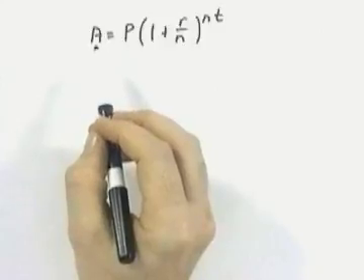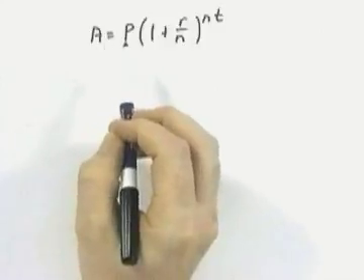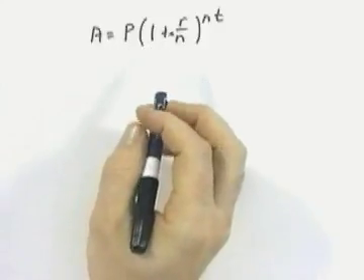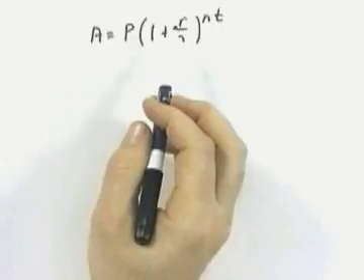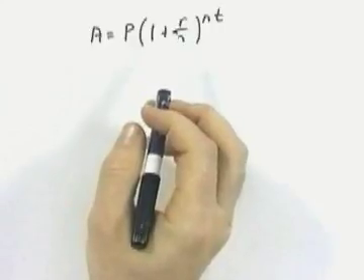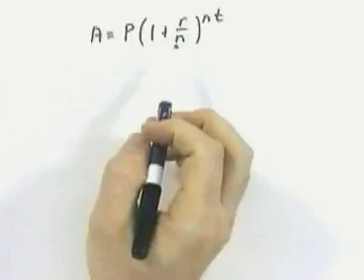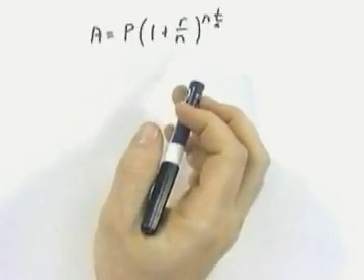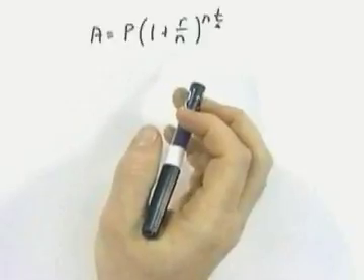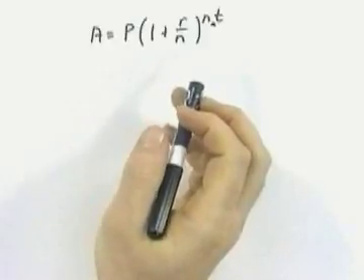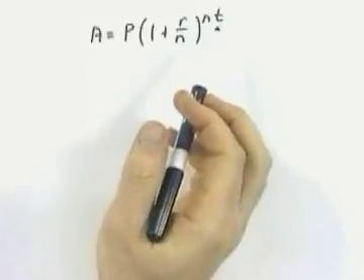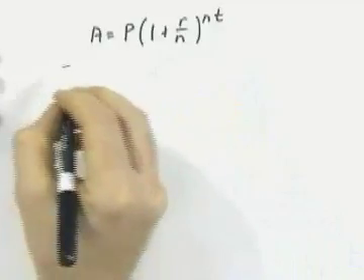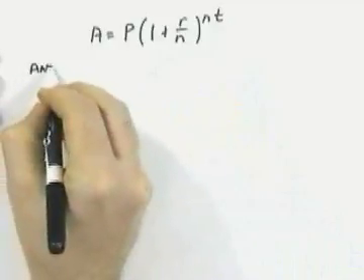We have A, the future value, is going to equal P, the present value, or the deposit, times 1 plus R, where R is the annual interest rate in a decimal, divided by N, where N is the number of compounding periods in the year, raised to the N times T power, where T is the amount of time in years. So in this particular example, T is equal to 1, because we're only looking at 1 year worth of interest.